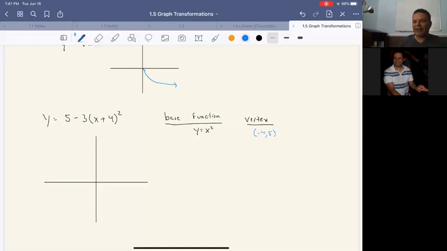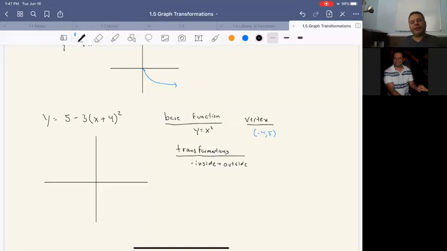Okay, now it's not asking us for that yet, but that's sort of giving us an idea of what to do. Now, when I think about the shifts or the transformations, go inside to outside.